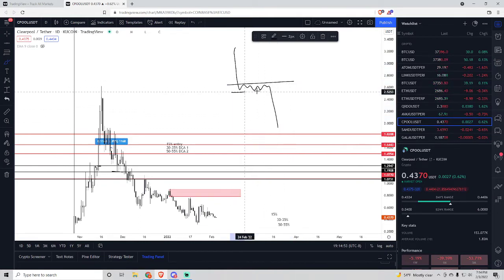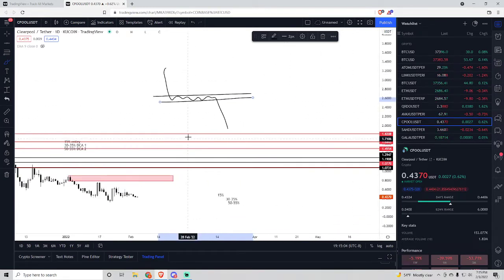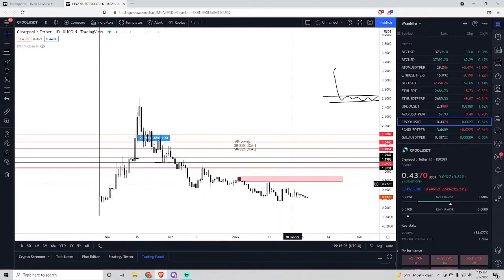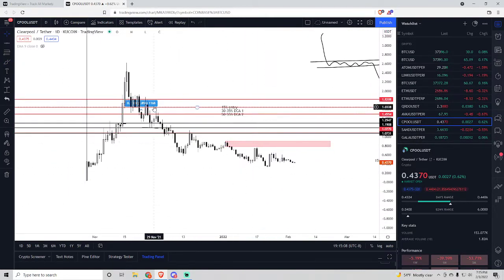This is your supply. Granted, a nice gap has to be created, same as a demand zone, and not retested. So if we're looking at this, it isn't a great example, again, because it's a new coin. But I'll draw a couple.